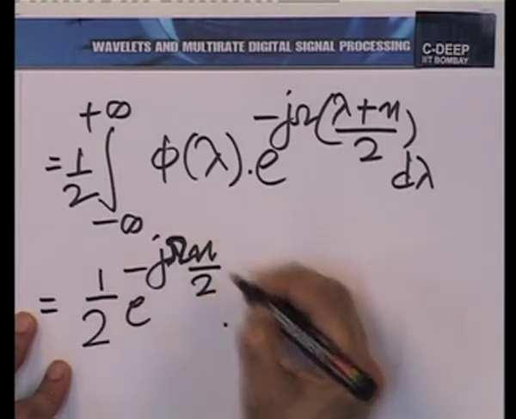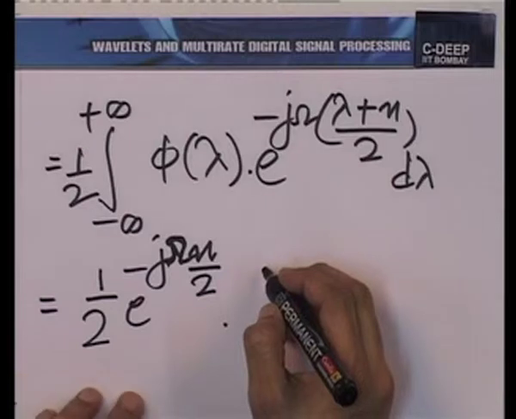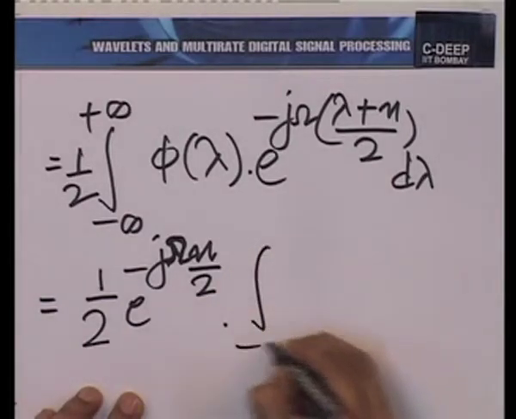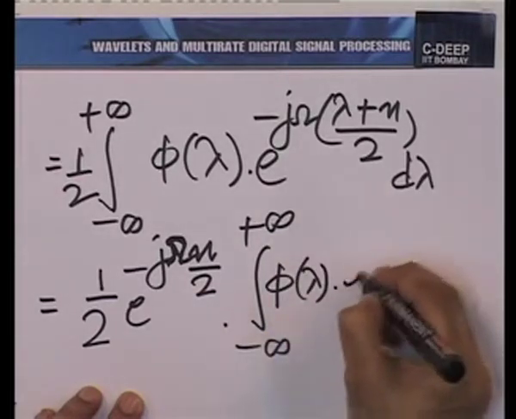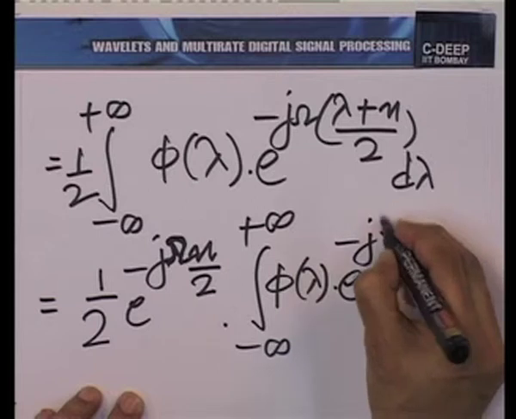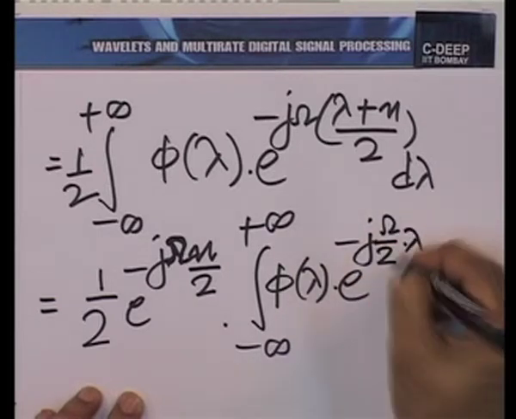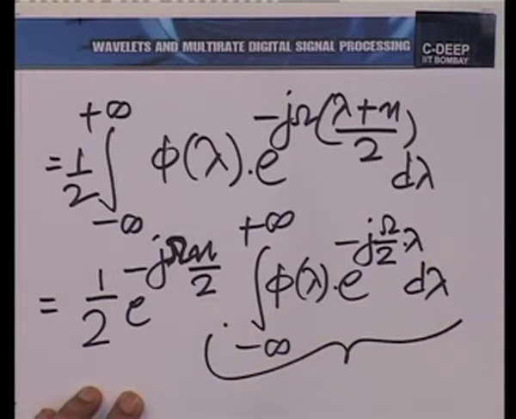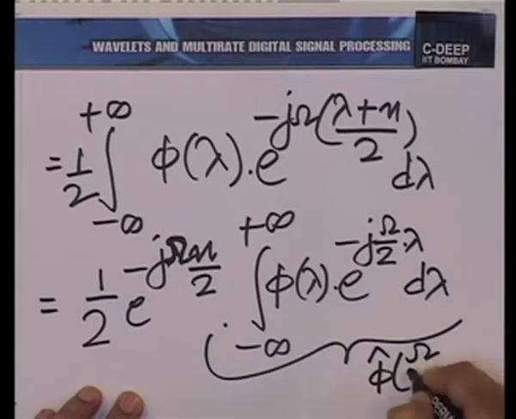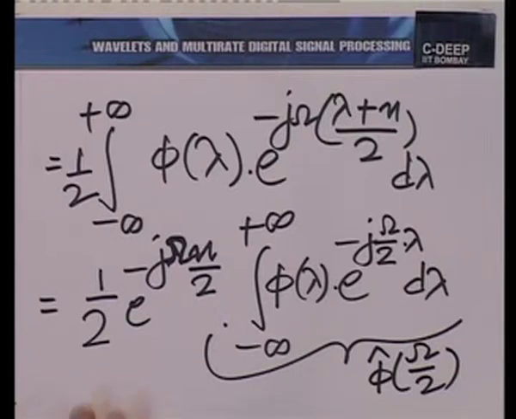So, this is e raised to the power minus j capital omega n by 2, and this is the integral from minus infinity to plus infinity phi of lambda e raised to the power minus j omega by 2 lambda d lambda. And this is familiar. This is essentially phi cap evaluated at omega by 2, as one can see. The Fourier transform evaluated at the point capital omega by 2.